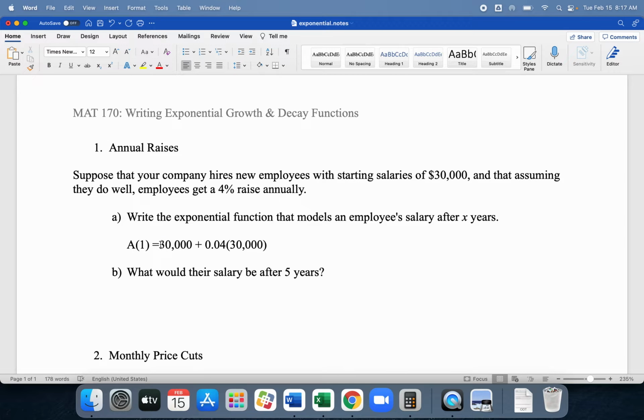In fact, if you look at this as an algebra expression, factoring-wise, I'd say, oh, 30,000 shows up in there twice. What if I factor out 30,000? I'm just putting in the commas, otherwise it's dizzying numbers of zeros. If I factor out the 30,000, I could write this as 30,000 times 1 plus 0.04.